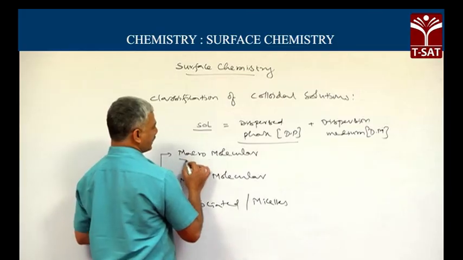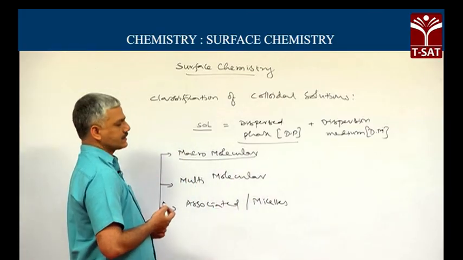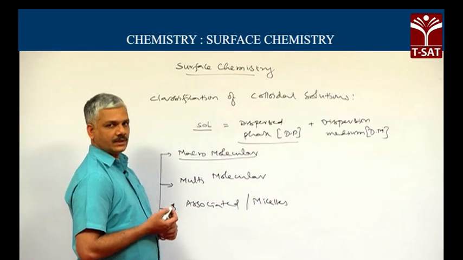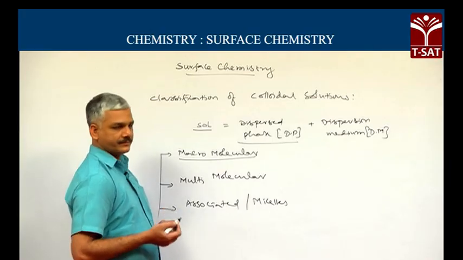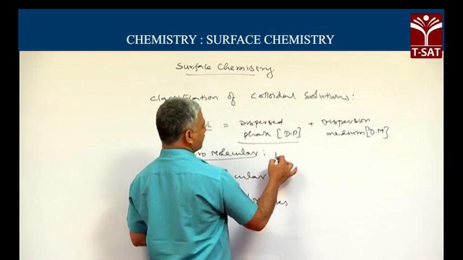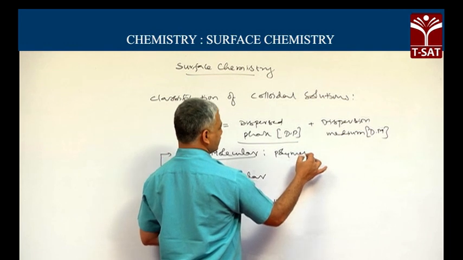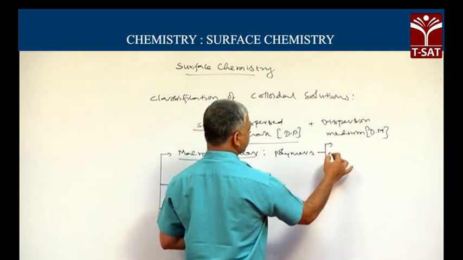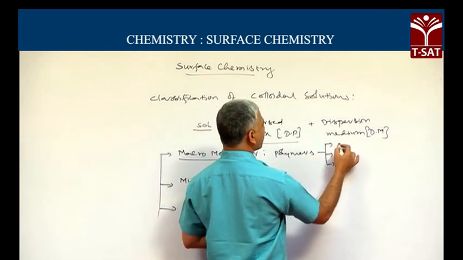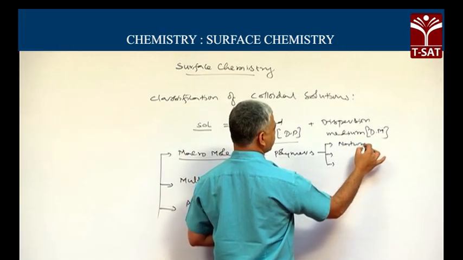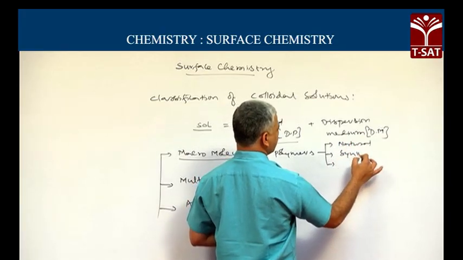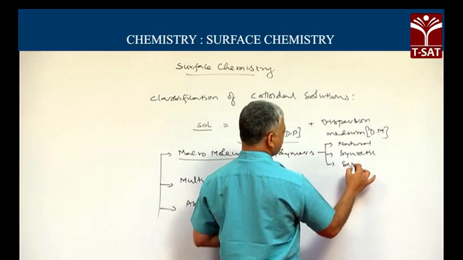In case of macromolecular colloidal solutions, the dispersed phase will be in the form of a polymer. So, again polymers are of three types: natural, synthetic, and semi-synthetic.